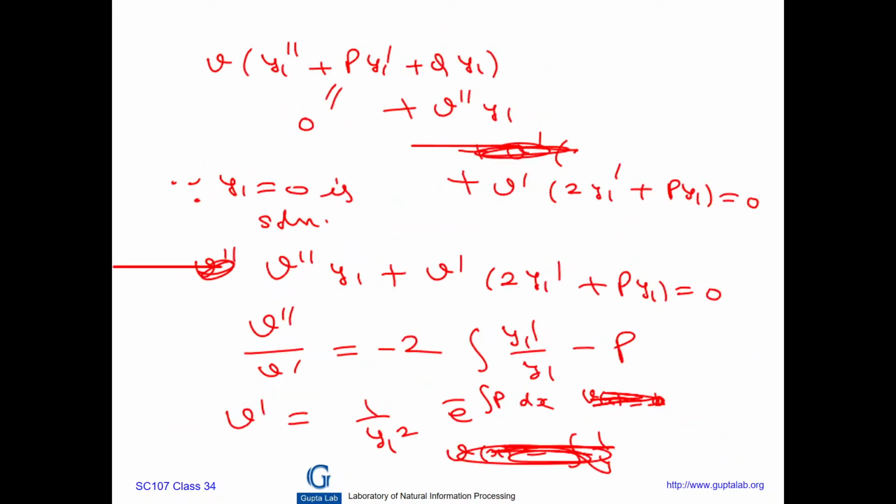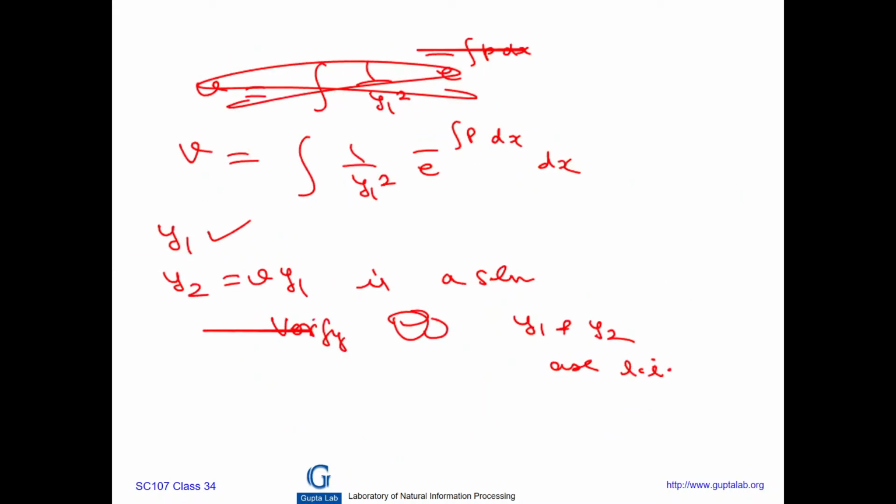This is quite a useful formula which we are going to use most of the time. v prime is equal to this, that means v is equal to the integration of 1 over y1 square times e raised to the power minus integration p dx. So if somebody tells you one solution, you can find the other solution, which is linearly independent to the first solution. Very, very important technique. I have left it for you to verify that these are linearly independent, that means the Wronskian is non-zero.